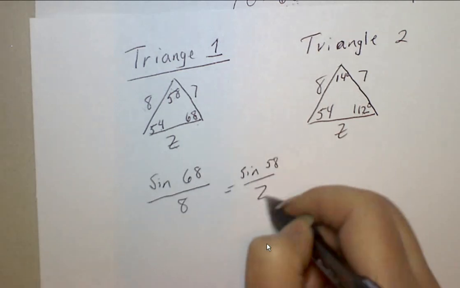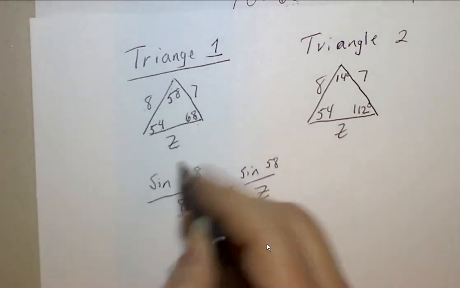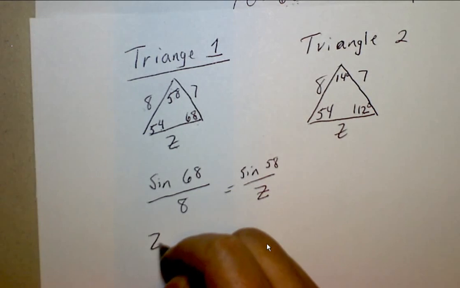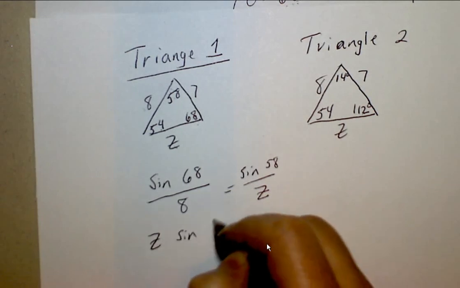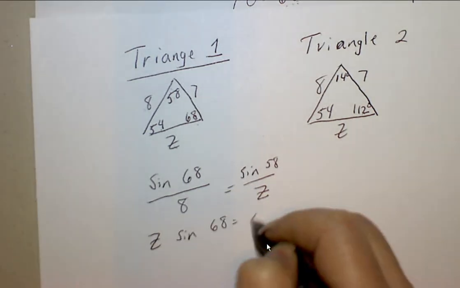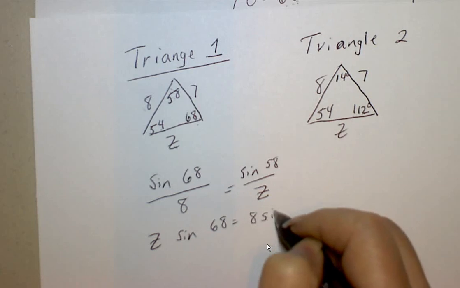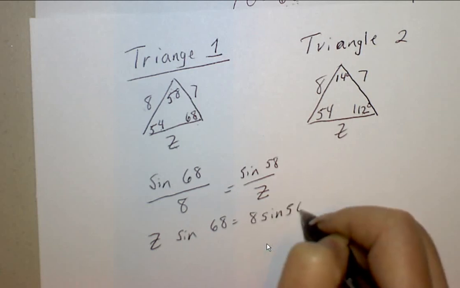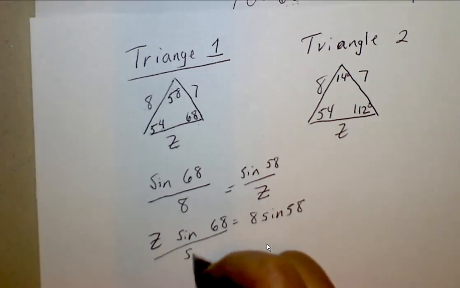I'm going to cross multiply, so I have z sine of 68 equals 8 sine of 58, and I'm going to divide by sine of 68.